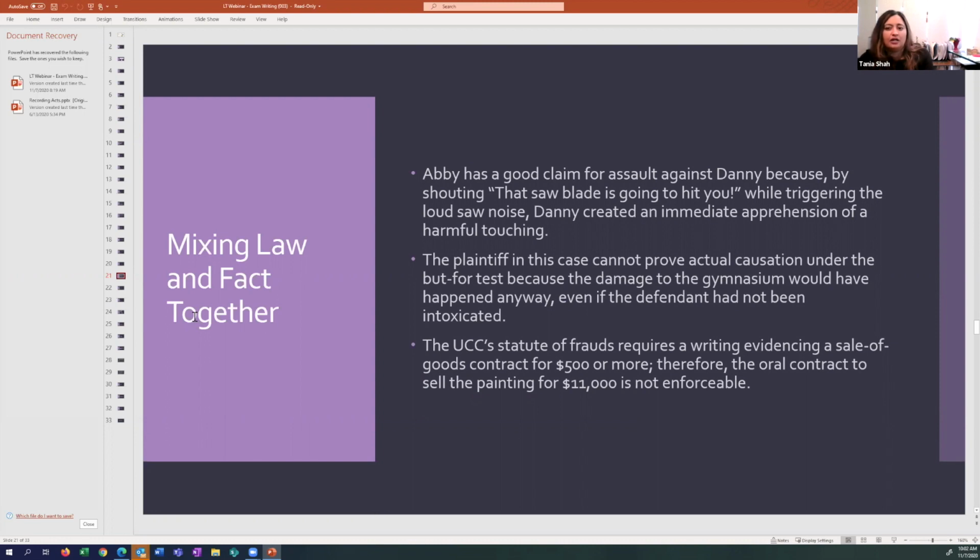And correct me if I'm wrong, Professor Hill or Professor Raposa, a student can start doing this once they really feel comfortable with that IRAC or that CRAC, when they're integrating the two of them and mixing them together. Because this is IRAC and CRAC, right? It's just that the rule is not separated out from the analysis.